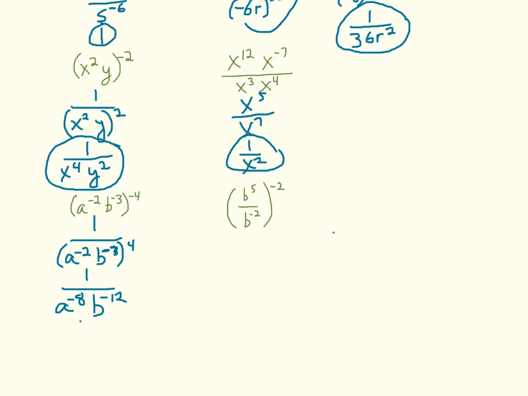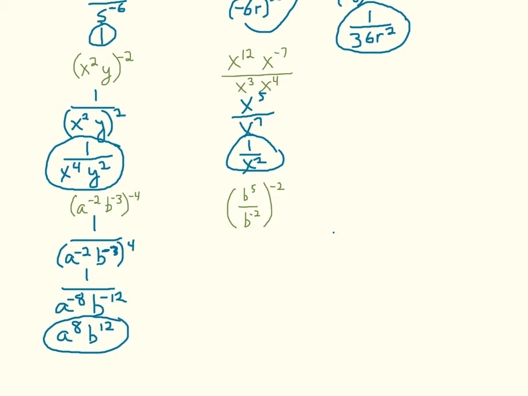So that's going to be 1 over a to the 8th power, b to the 12th power. Just as I can change the sign going from the numerator to the denominator of the power of the variables, I can go the other direction as well and move negative powers in the denominator to positive powers in the numerator.